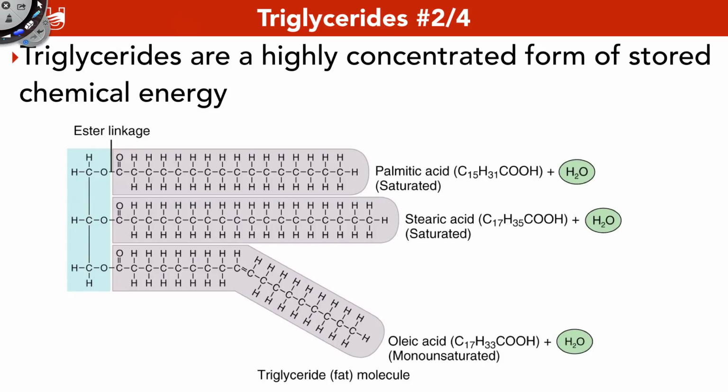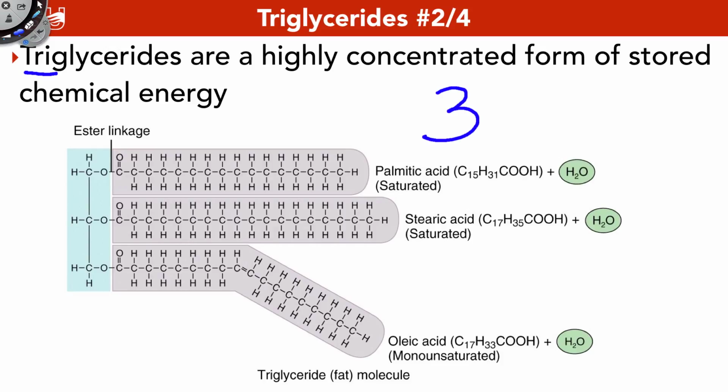Here we have 3 fatty acids connected to a glycerol backbone. Very important for storing energy in the body. Okay, we're going to store a lot of our fats in this triglyceride form. And that, as the name implies, we have tri, meaning that we have 3 of these fatty acids connected to our glycerol molecule.